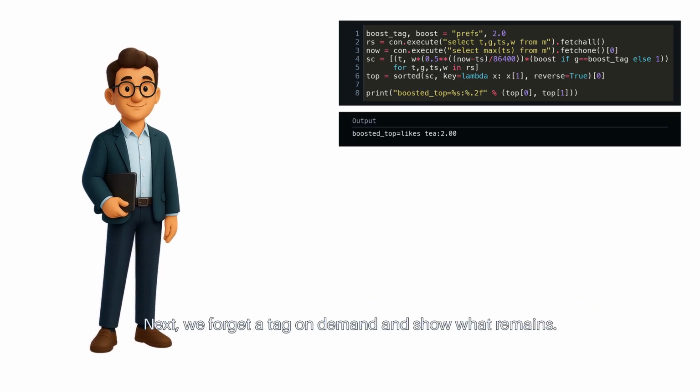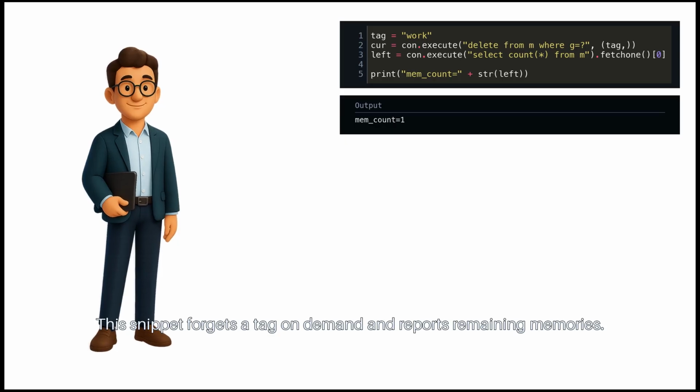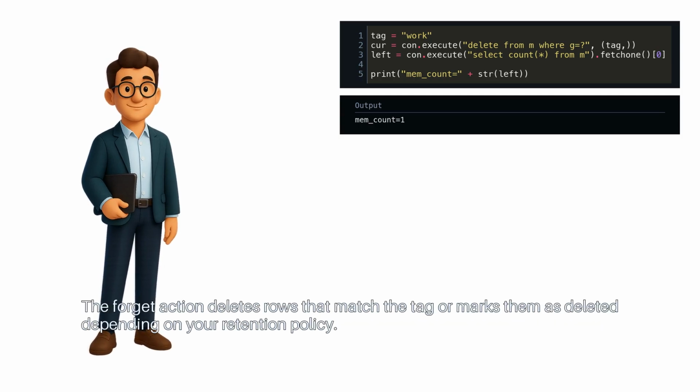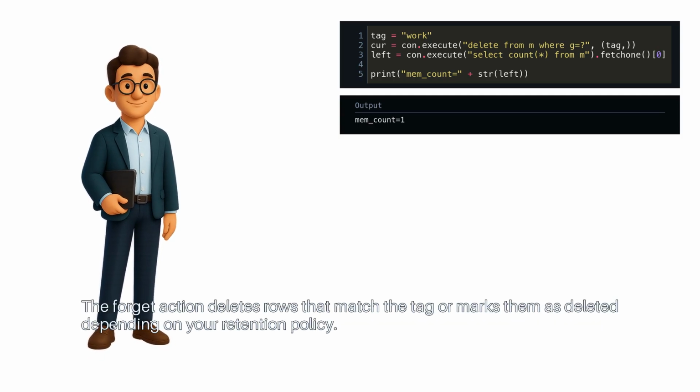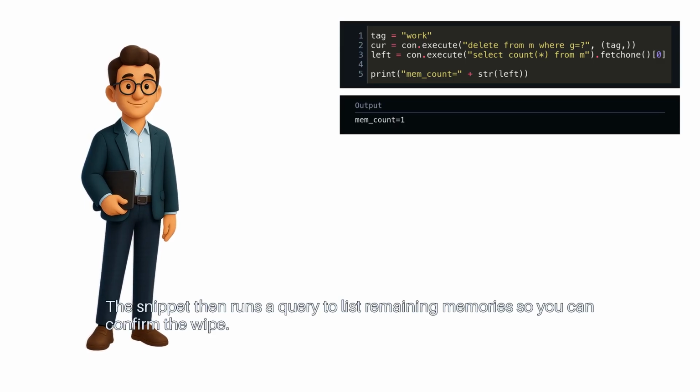Next, we forget a tag on demand and show what remains. This snippet forgets a tag on demand and reports remaining memories. The forget action deletes rows that match the tag or marks them as deleted, depending on your retention policy. The snippet then runs a query to list remaining memories so you can confirm the wipe.